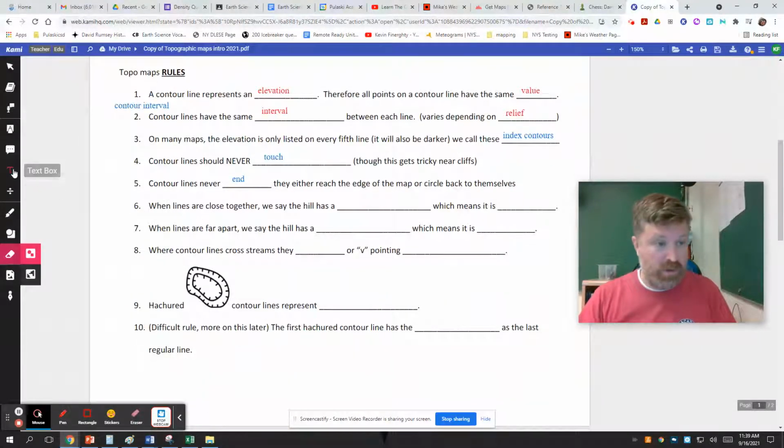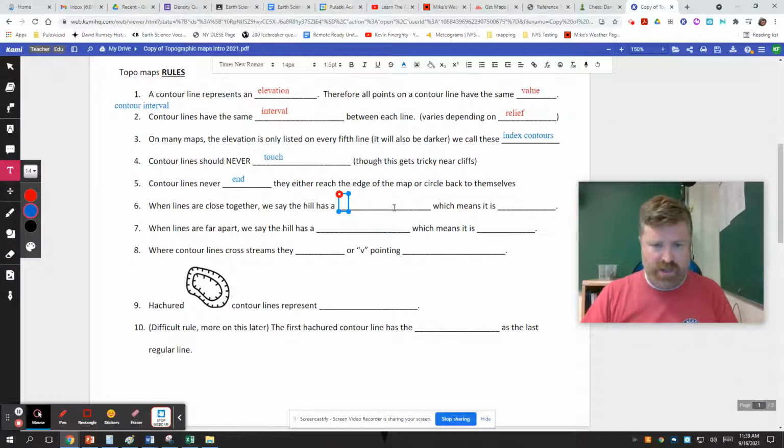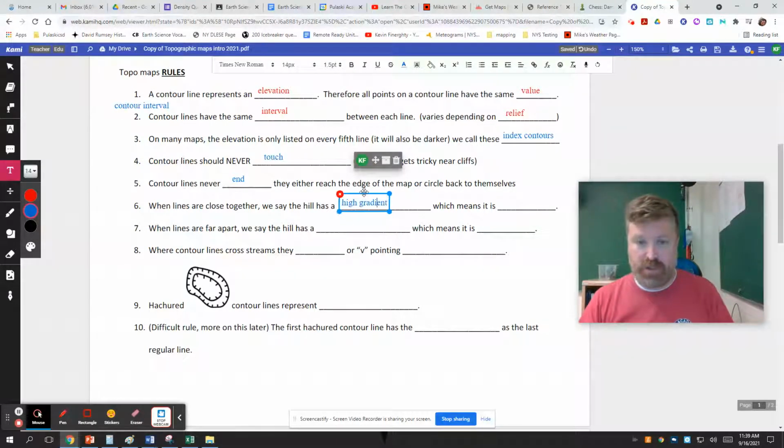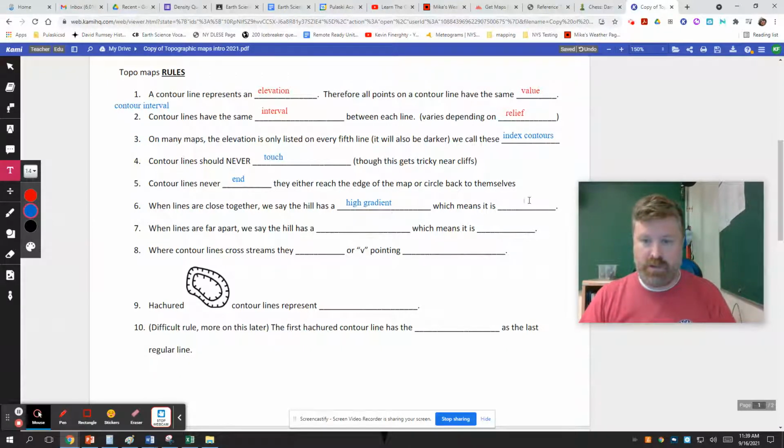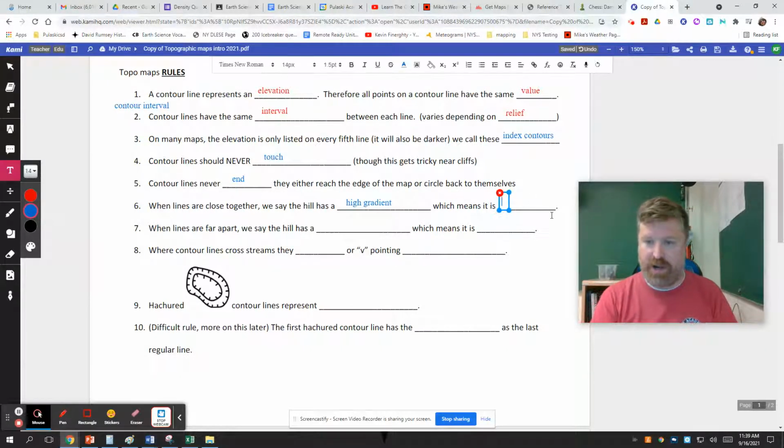All right, so let's get the vocab in there. When the lines are close together, we say the hill has a high gradient. Gradient is a vocab word that's going to come up a lot. We're going to do one whole separate assignment on calculating gradients. So for this lesson, let's just get down that a high gradient is equivalent to a steep hill.